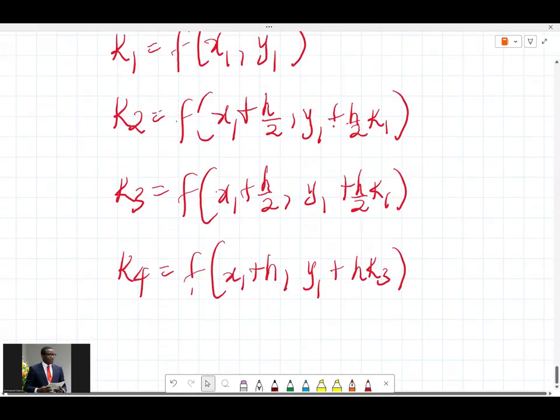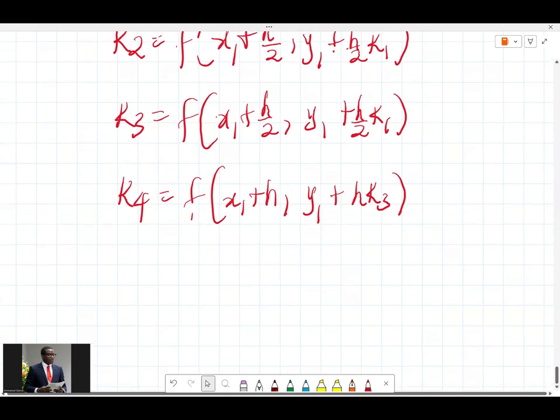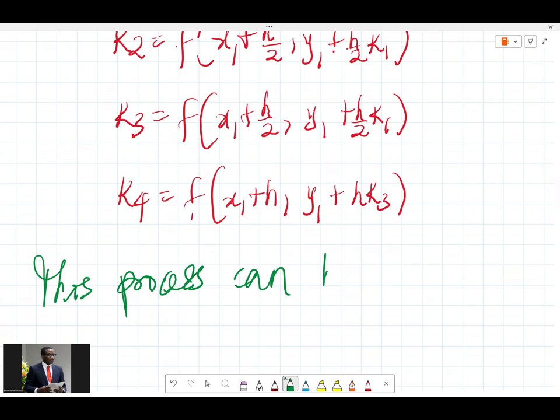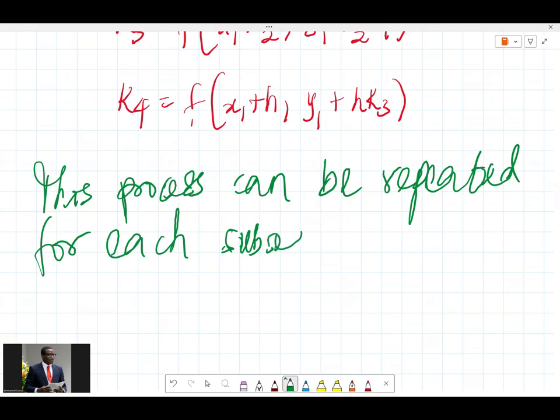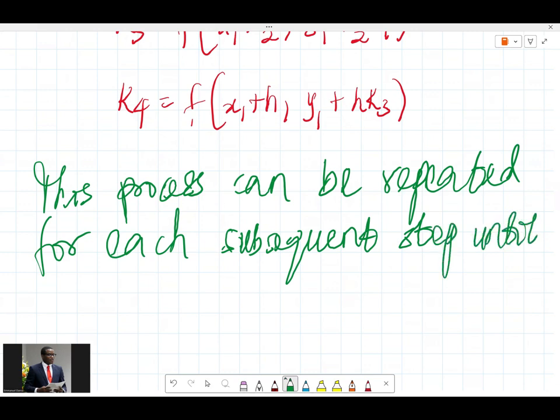We can then say that this process can be repeated for each subsequent step until we get to x equals 2, following the fact that h is 0.1.